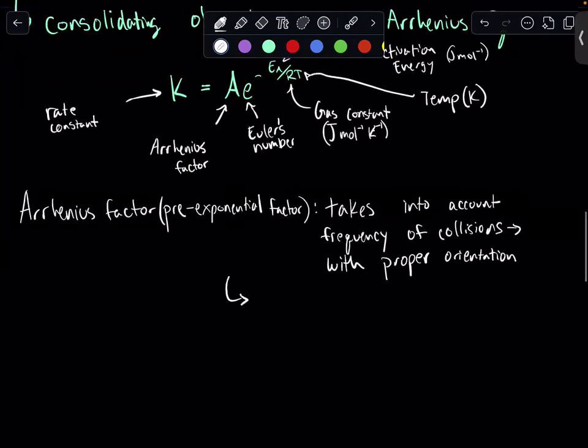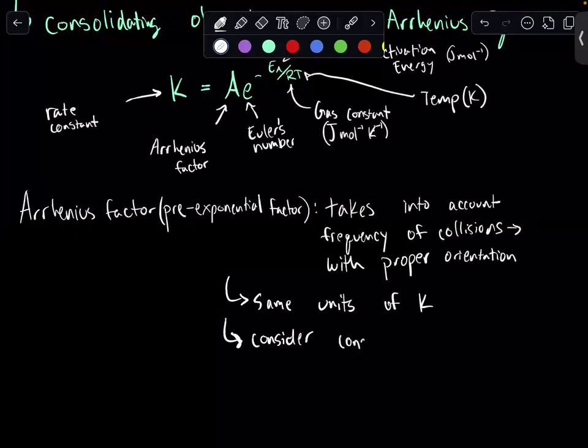Once again, it has the same units as K, and it does actually vary a little bit with temperature, but it's generally negligible. So we consider it constant across all temperature values.